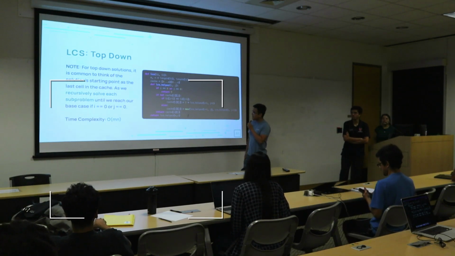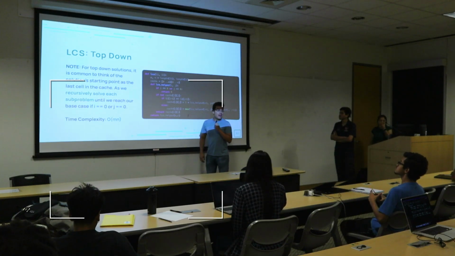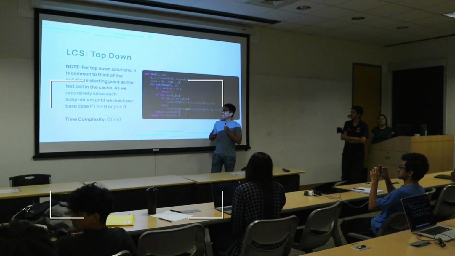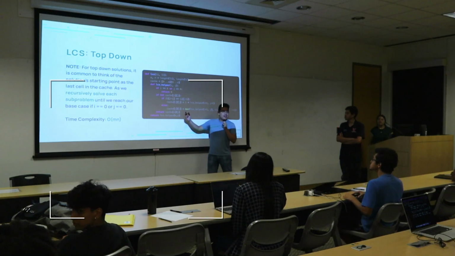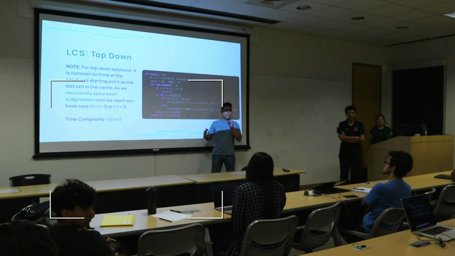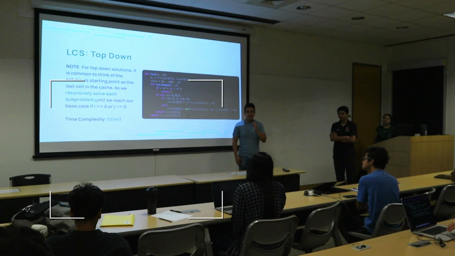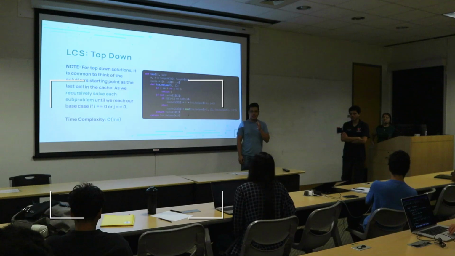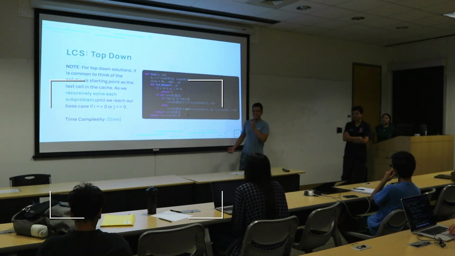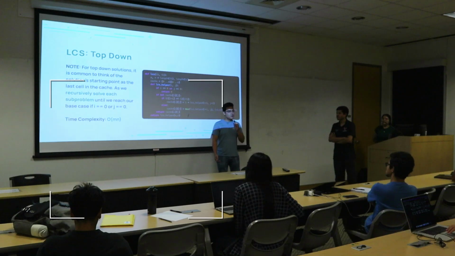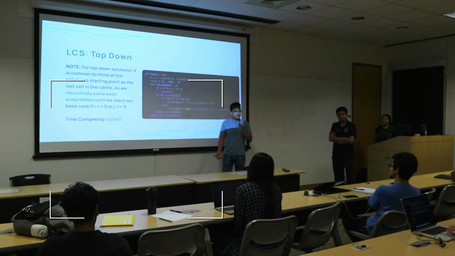So here, as you can see, we have not talked about the base case yet. So base case. Can anybody tell me what the base case is? Exactly. Yeah. Because remember, if no common subsequence exists, then we have to return 0.